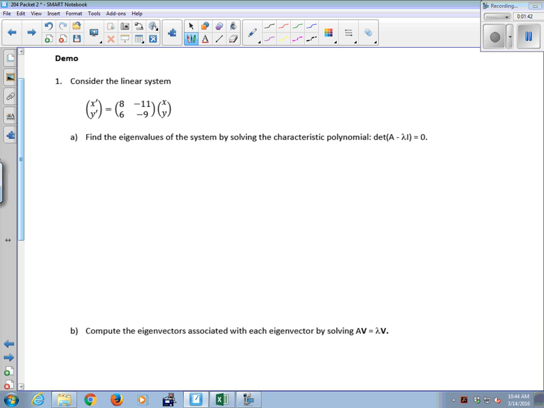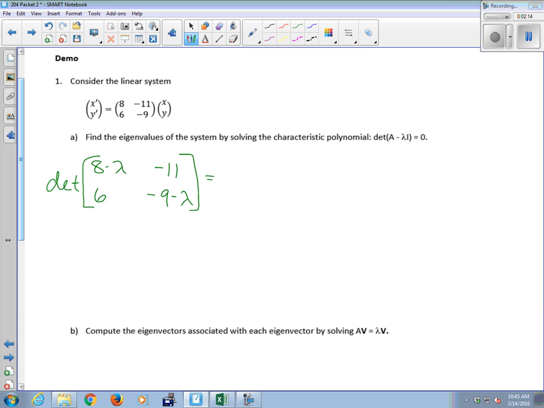I want to find the eigenvalues by solving the characteristic equation, the determinant of A minus lambda I equals 0. So A is the matrix 8, negative 11, 6, negative 9. Take away lambda times I, so the upper left and the lower right end up with a minus lambda. So we've got 8 minus lambda, negative 11, 6, and negative 9 minus lambda.